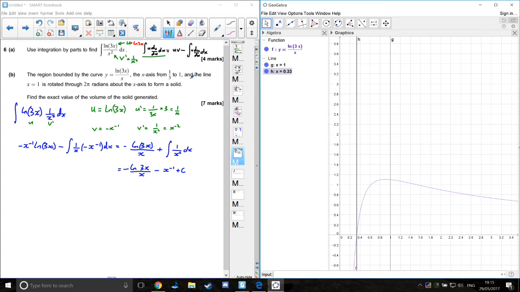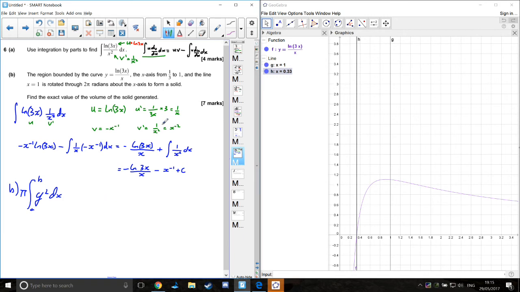So let's have a look then. If this is rotated about the x-axis, then the formula for this is pi y squared integrated with respect to x between whatever values we have here. So let's work out what we're given.